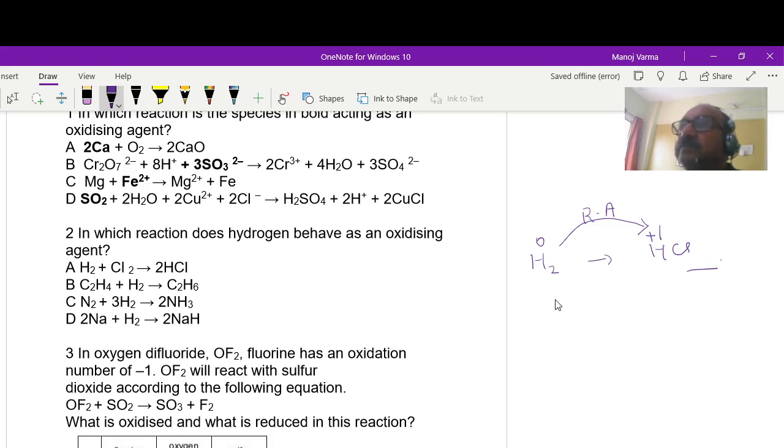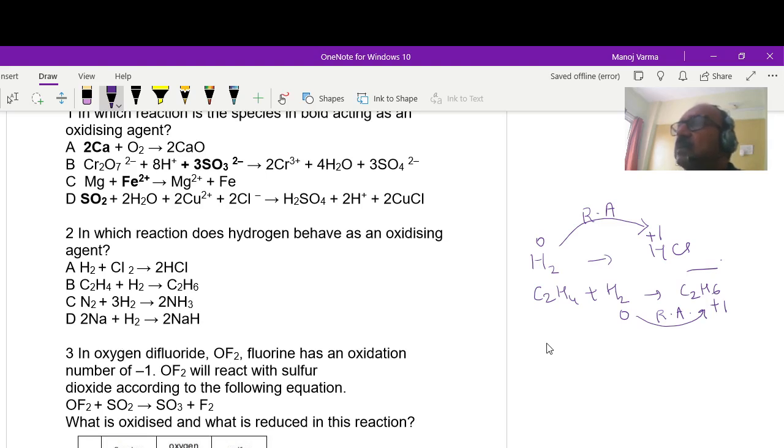Now, if you look at the second one, C2H4 plus H2 changing into C2H6. Here also hydrogen is 0, but here hydrogen is +1. So once again it is oxidized, so it is acting as a reducing agent. So this is not the answer.